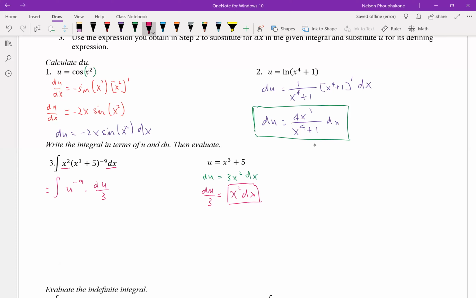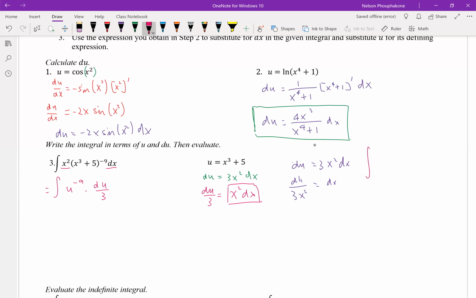Or some of you, instead of doing it this way, could solve for dx. We know that du is equal to 3x squared dx, and then we could solve for dx. Then I have du over 3x squared.